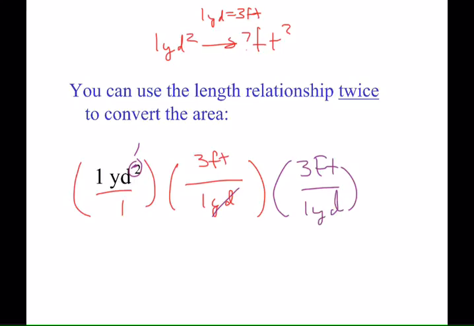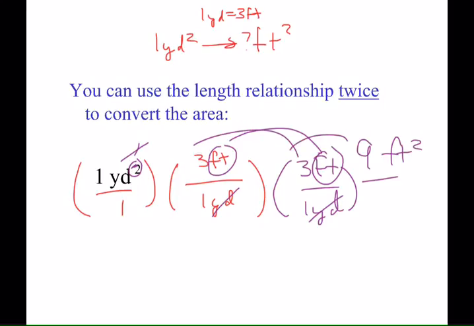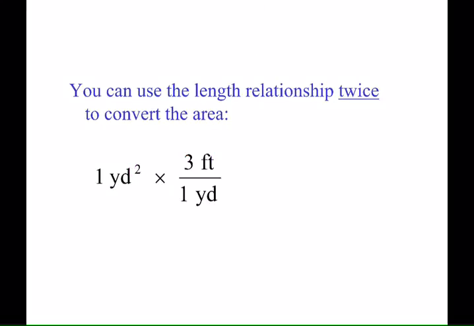If I introduce 2 terms, then check this out. Now my second yard cancels, and I'm left with units of feet times each other, which is what? Feet squared. Take the numbers times each other and you end up with 9. Okay, that's how we work that problem. There's the middle term. But we have to actually have 2 of those terms because we need units of yards squared in the numerator.